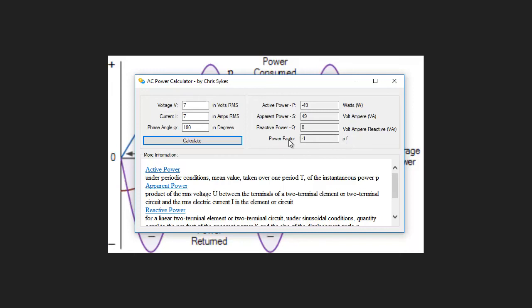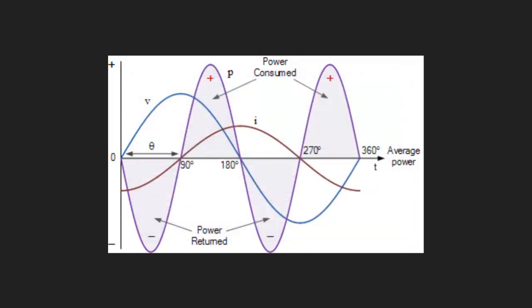The books will tell you from 0 to 1, but it's wrong. The correct figures are -1 to 1. So active power is -49 watts, apparent power is 49 volt amperes, and again, the power factor is -1 in this case. So very interesting.